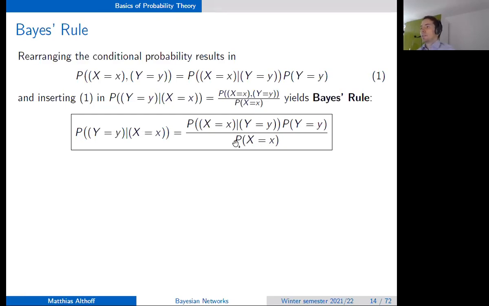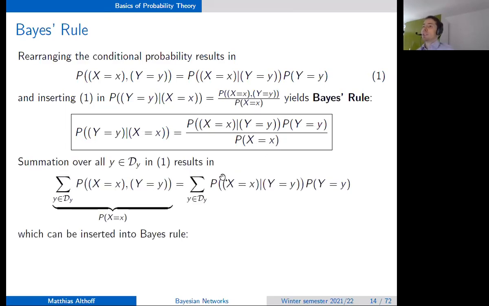Sometimes you don't exactly have access to the probability that the random variable x has the value x. So what you can do is take the joint probability, use marginalization, and obtain this formula here. We take this formula and sum over all values of y.